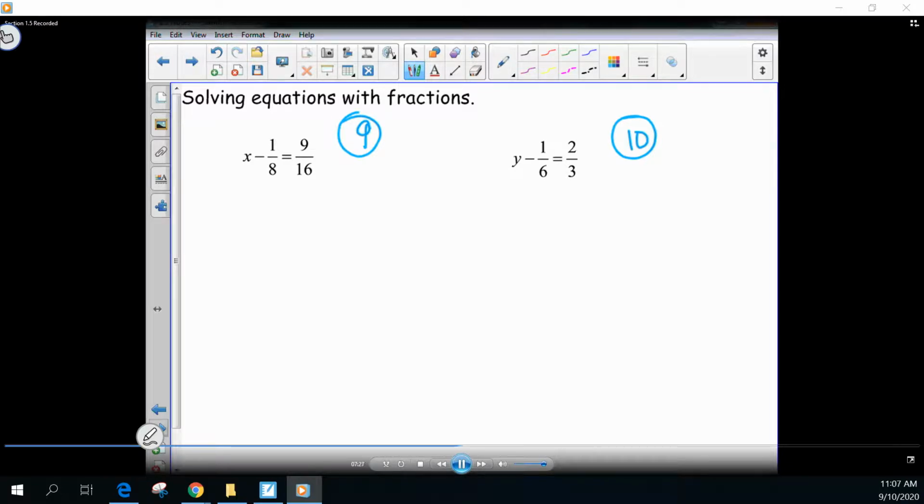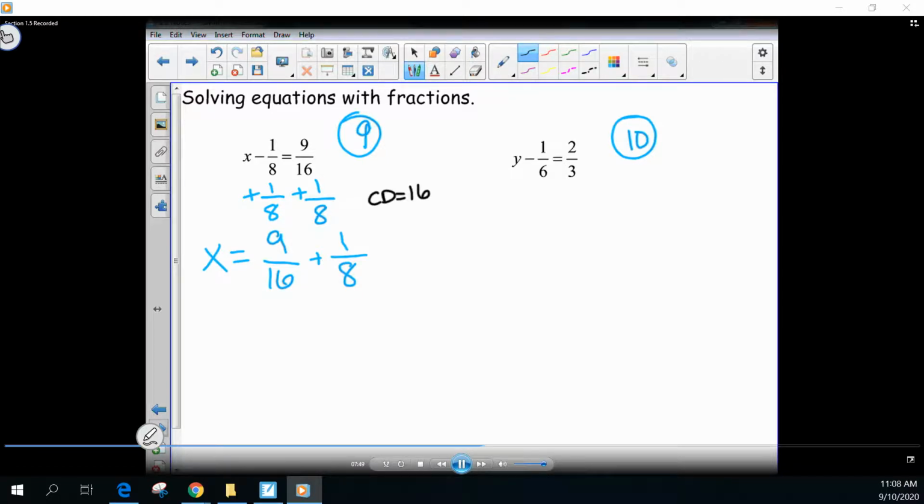All right, let's go over number 9. So the first thing I need to do is the inverse operation and add 1/8 to both sides. So then I would get x equals 9/16 plus 1/8. So my common denominator would be 16.